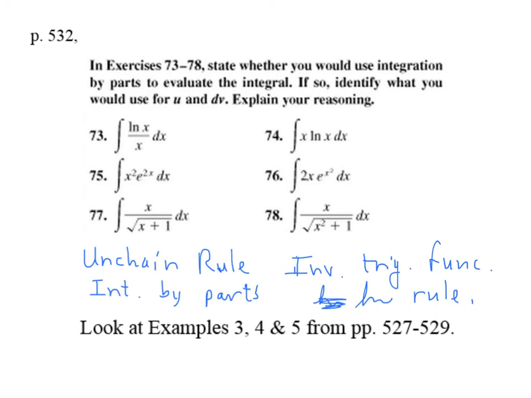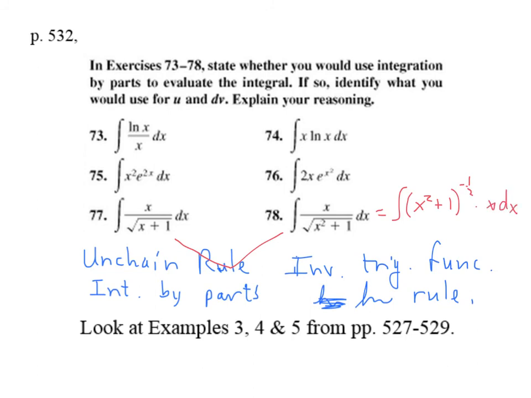Well, first thing I would do is look for the ones where I can use the unchained rule. I think it's kind of interesting to compare numbers 77 and 78. One of these you can use the unchained rule on. The other one you cannot. If you look at number 78, we could rewrite that as x squared plus 1 to the negative 1/2 power, and we're left with a times x dx.